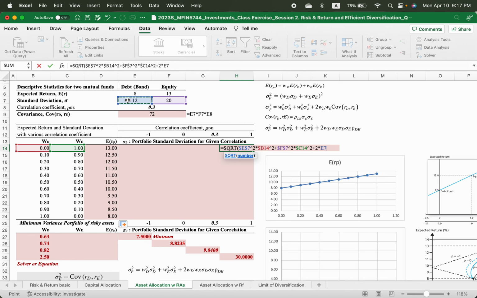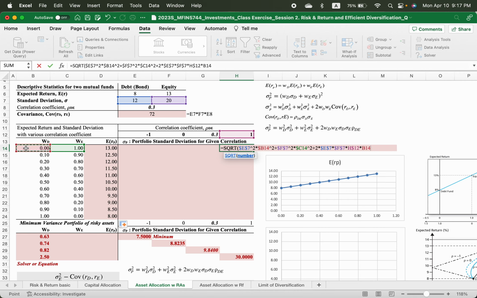We want to fix this, times the standard deviation of equity, times now the covariance coefficient, but I want to fix this row 12, this row doesn't change, times now the weight.